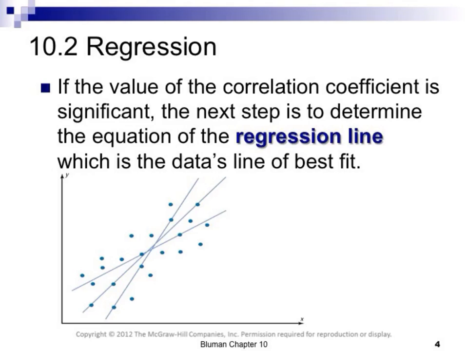One line has a certain slope and y-intercept, another has a different slope and y-intercept, and there's a third line. You could say they all fit the data because the data is scattered. It's not clearly linear. There's some scatter in that data. So we can calculate which one would be our best fit line.